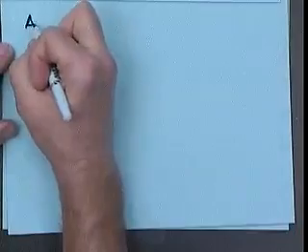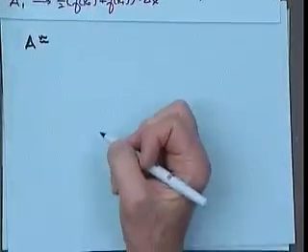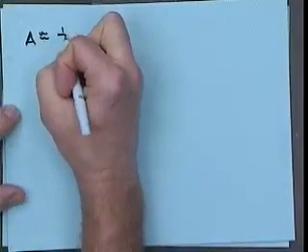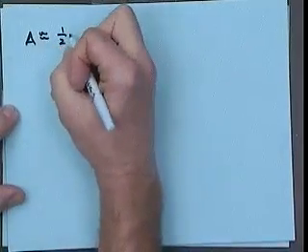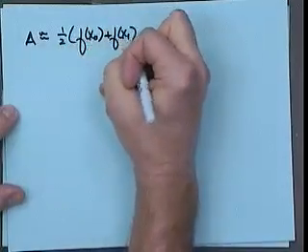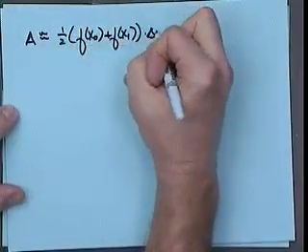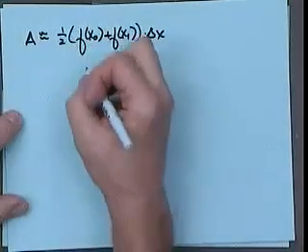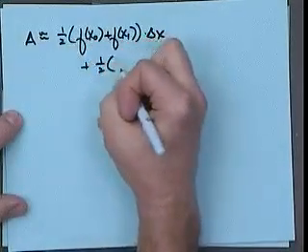So the area under the curve, and this is an approximation, is going to be that. Now that's the first trapezoid. Now we move on to the next one.